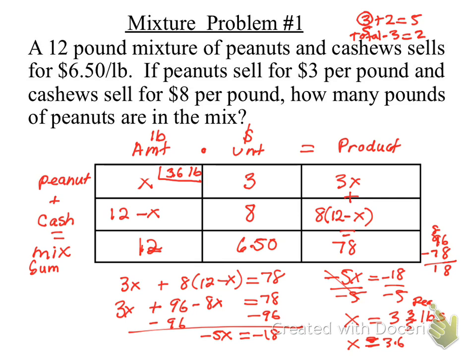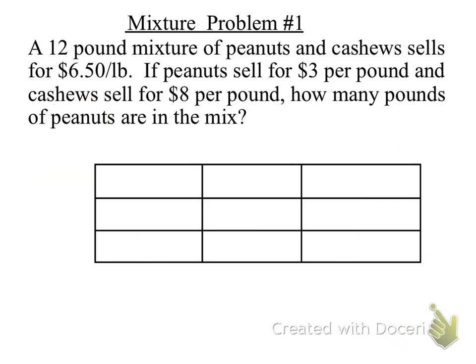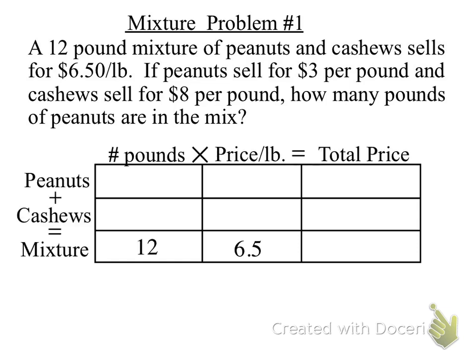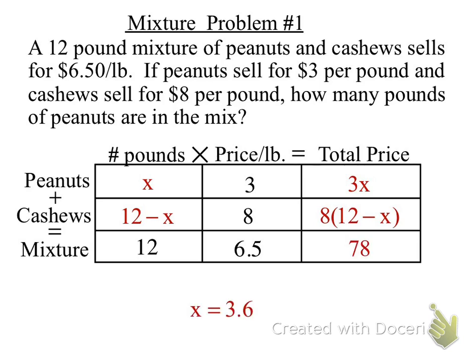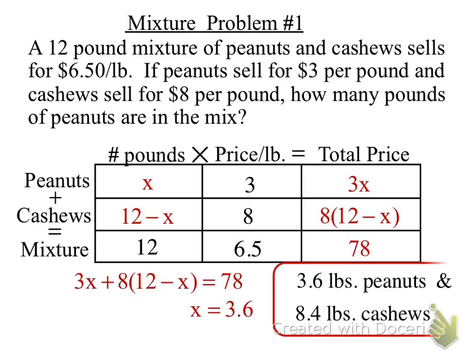Yes. 8.4. But what do they want? Do they want both? No. They only want this answer, so we find this. Now, I'm going to just erase it really quick. Here's the deal.